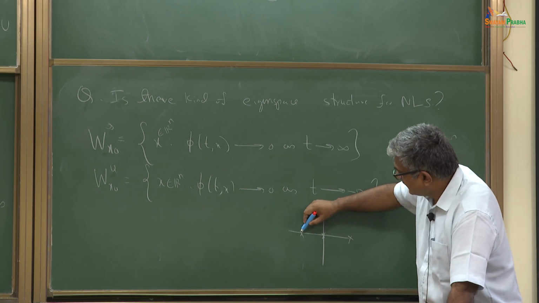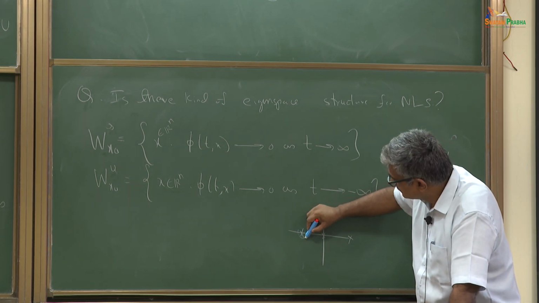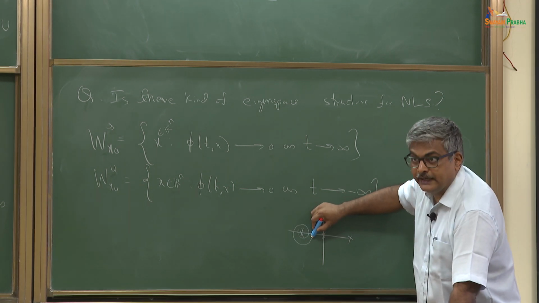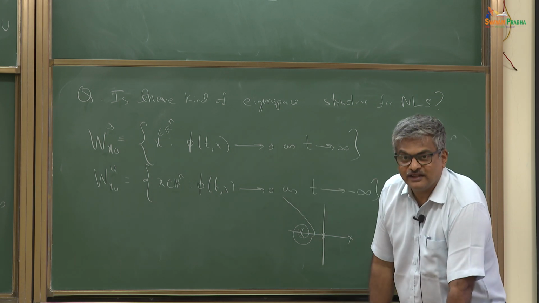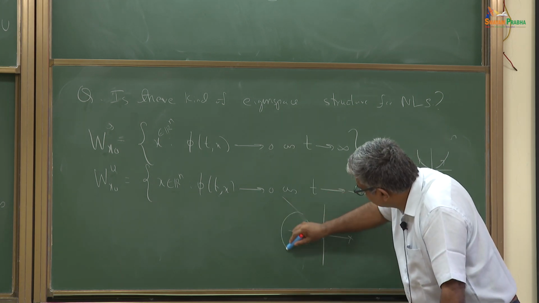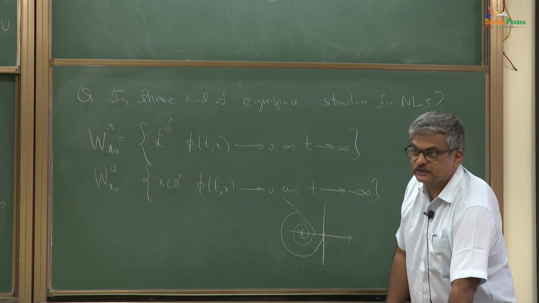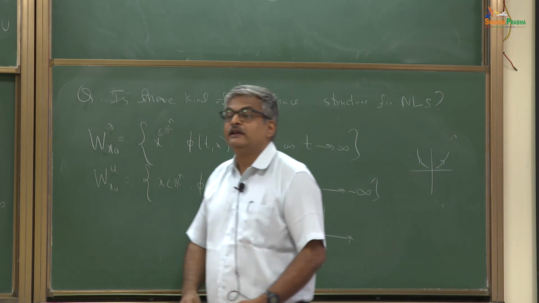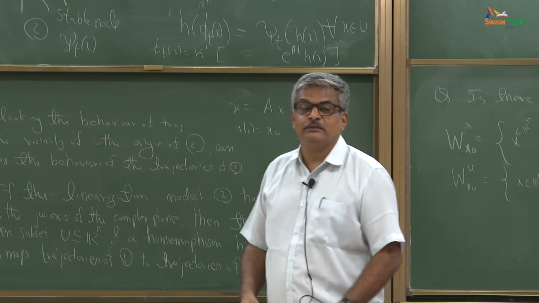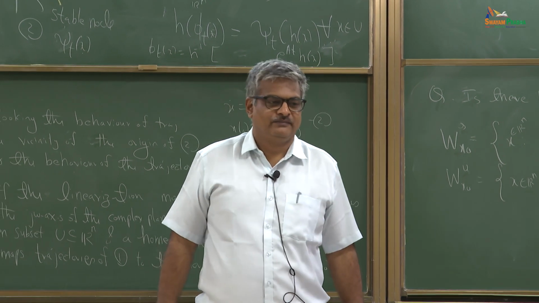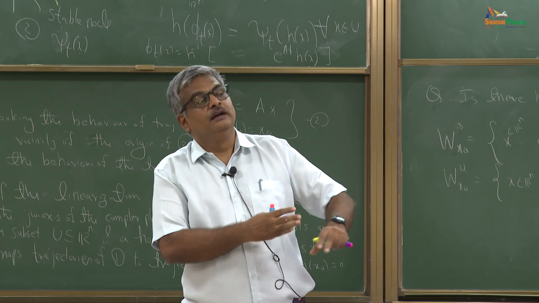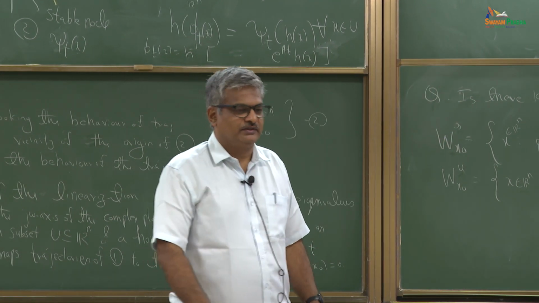Unstable focus means what? Trajectories will spiral out. It doesn't mean they are blowing up to infinity. It could happen that they go and approach the other equilibrium point. So you have to be careful. If it is not converging, it doesn't mean it is diverging to infinity. It may be going away and approaching some other equilibrium point.